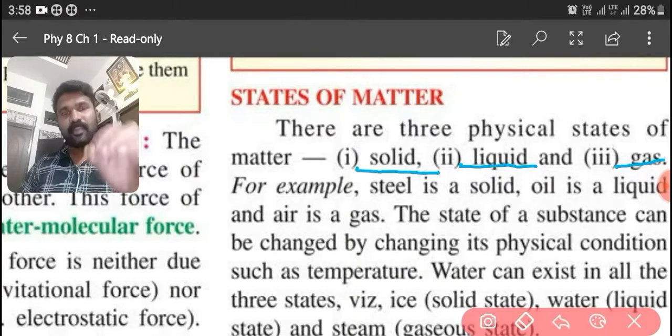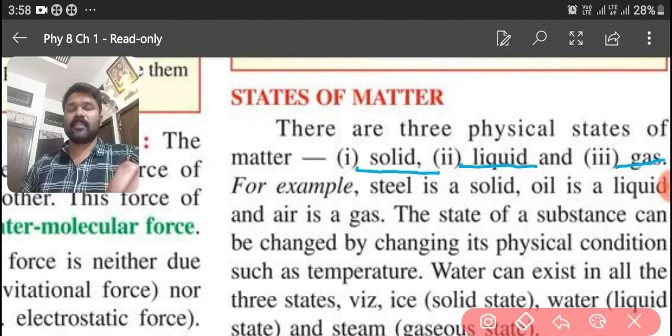Many examples are around us. We just observe them. And here it is given: steel is a solid, oil is an example of a liquid, air is an example of a gas.